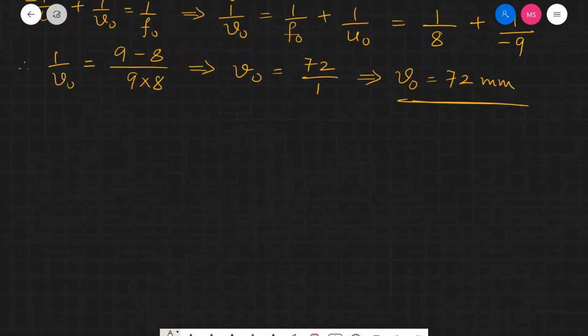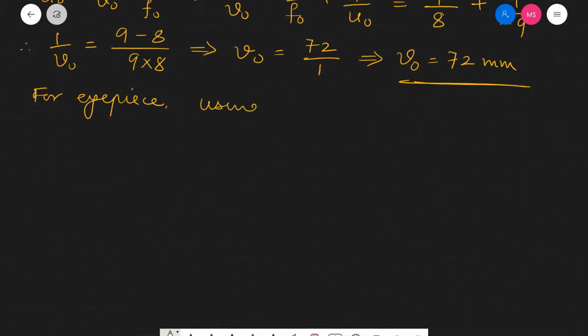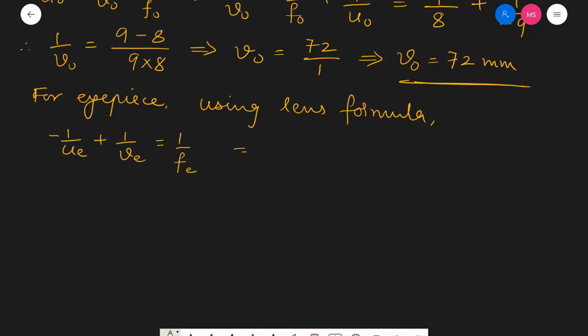Same way for eyepiece, using lens formula, that is minus 1 by UE plus 1 by VE is equal to 1 by FE. So this implies that minus 1 by UE will be equal to 1 by FE minus 1 by VE.